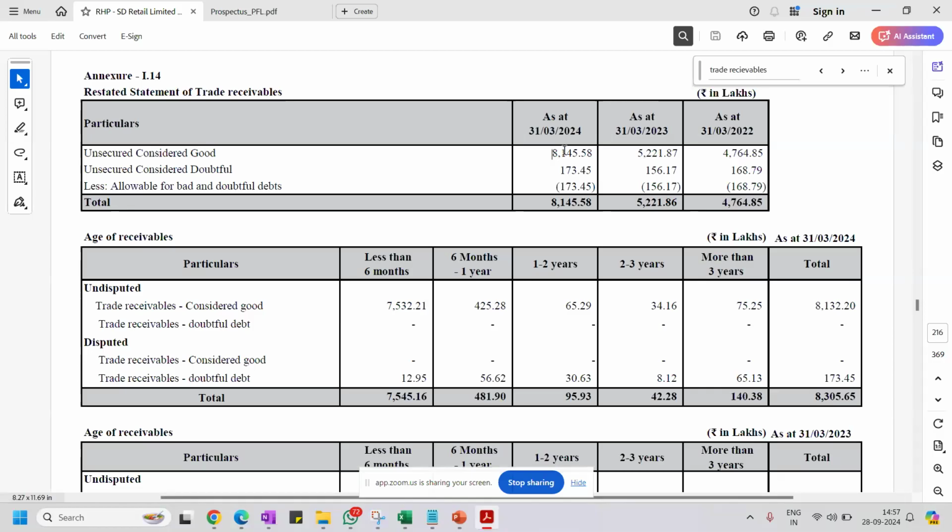So at least out of 81 crore, we can feel good that at least 75 crore will come to the company, while the remaining are older than 6 months, and the likelihood that they're not going to come is much higher. So out of the total 83 crore of debt, we can at least realize that the company might receive 75 crore of the amount into their books as cash.